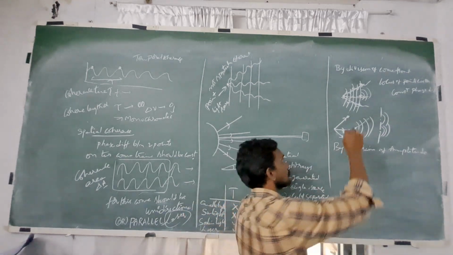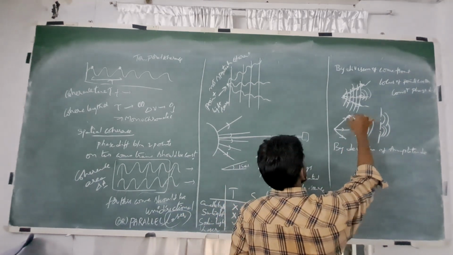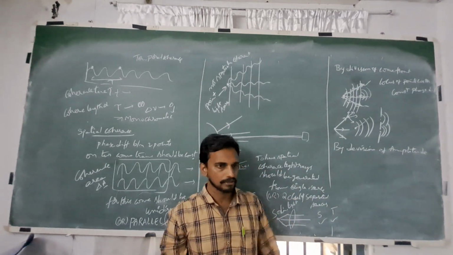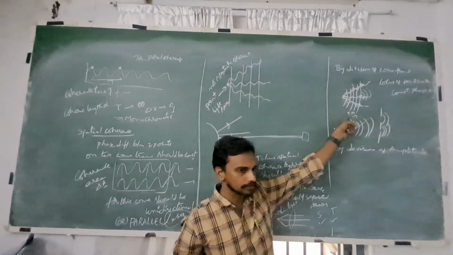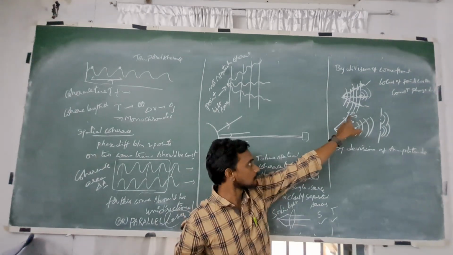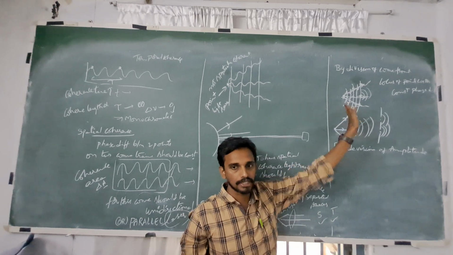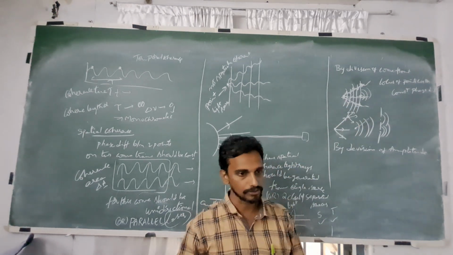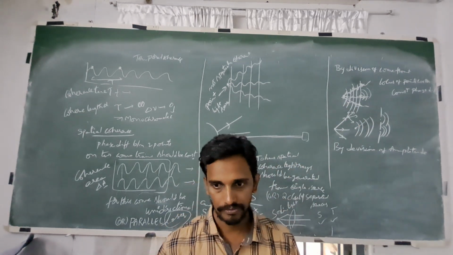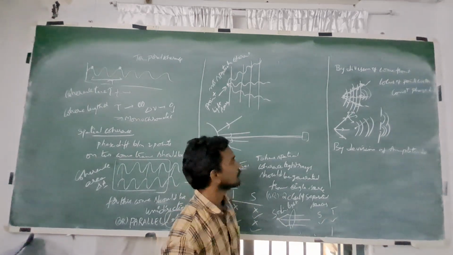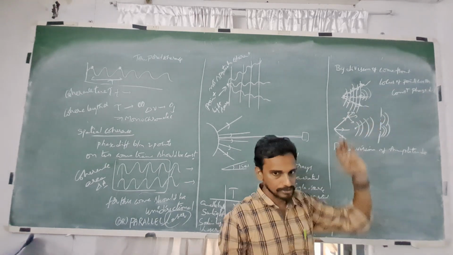Means from here light rays can travel in all the directions. So how is that happening? I mean, initial source is in this direction, but how come we are able to generate a ray along other directions is a matter to discuss. Okay, so that we will see during diffraction topic.